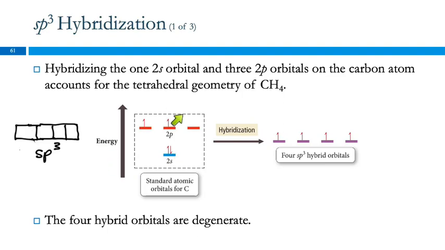So we're taking all 3 of these and we're hybridizing them, averaging them in a complicated way. And we end up with 4 orbitals that have the same energy. Because in this room, now we have 4 beds. You can't charge more for that bed than this other bed, right? Because the hotel manager doesn't know which bed you're sleeping in. You get to stay in the room.